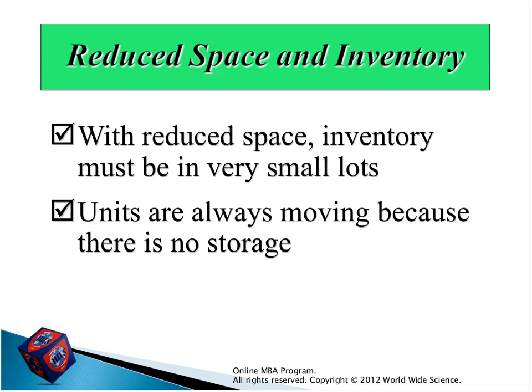Unit means the raw materials are always moving among these small lot sizes because there is no storage for them. It doesn't happen every week. Only once a week, the units are moved to the main company or main building.